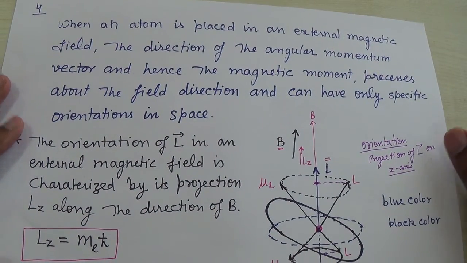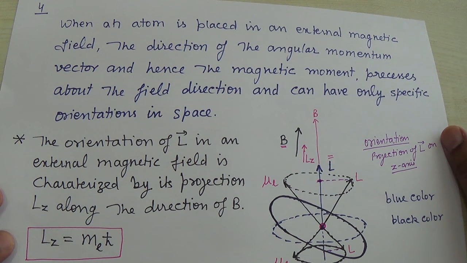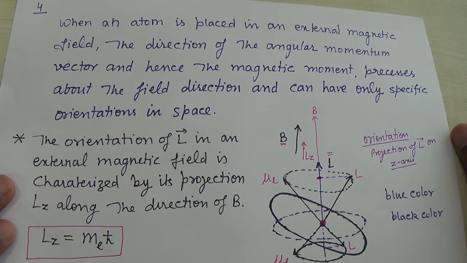Here in this slide you can see that when an atom is placed in an external magnetic field, the direction of the angular momentum vector, and hence the magnetic moment, precesses about the field direction and can have only specific orientations in space.